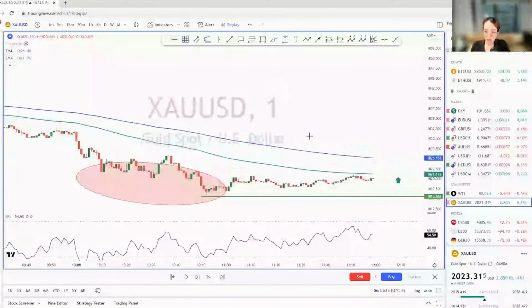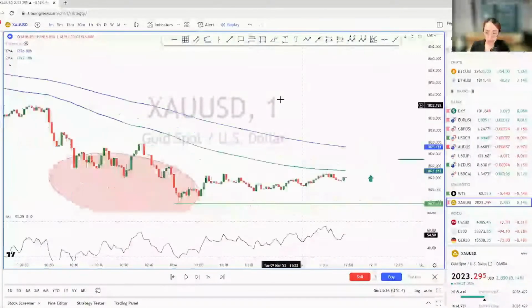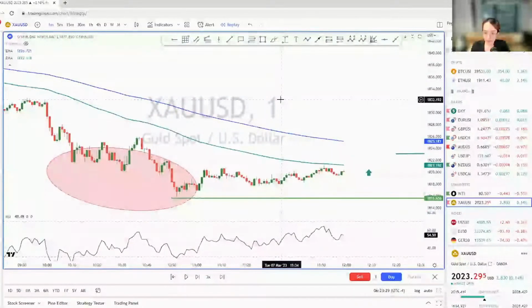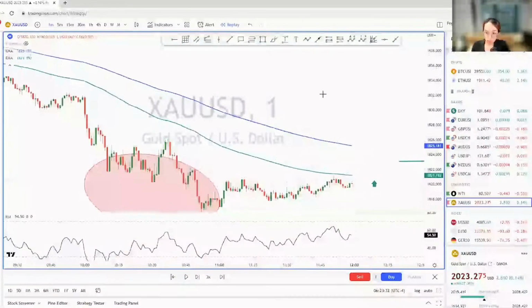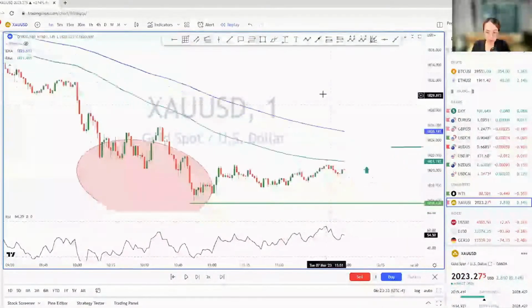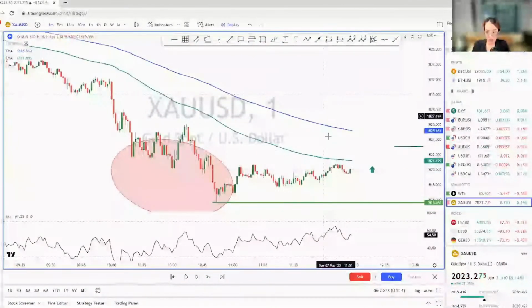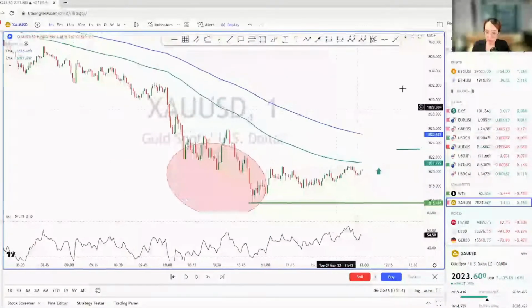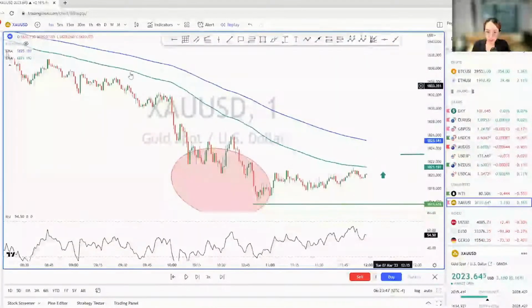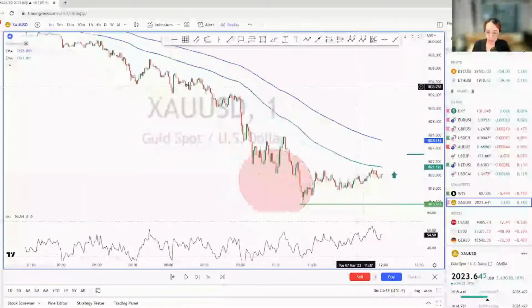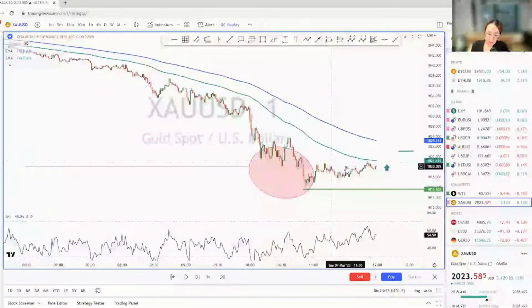One thing you have to keep in mind is that in our strategy we wait at EMA 100 and 200, and then we buy when the price reverses. And then we take a trade from here. But if you look, the price is all the way below EMA 100 and 200.